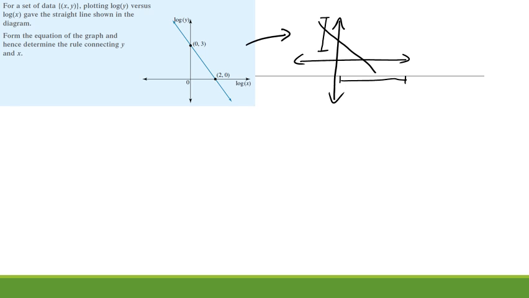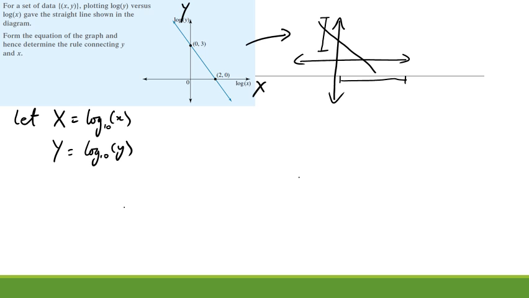Now, to simplify the way we look at this, you can see that this is essentially a y scale and an x scale. So let's just let a big X equal log x. Now if it just says log like this, that usually means log base 10 of x. Just keep that in mind. And then big Y equals log base 10 of y.